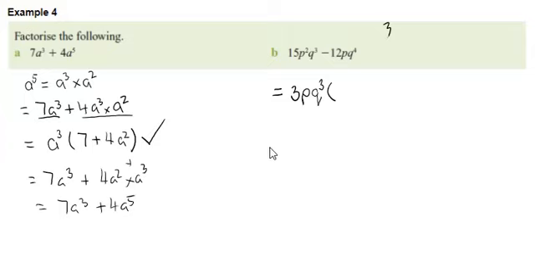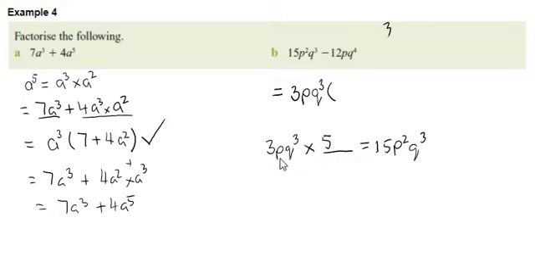I'm going to write down here 3p cubed times something equals 15p squared q3. Now what do we need? Well, 3 times something gives us 15, so we need a 5.